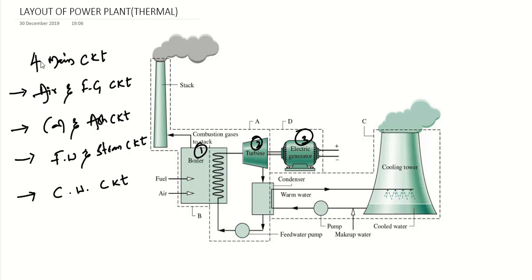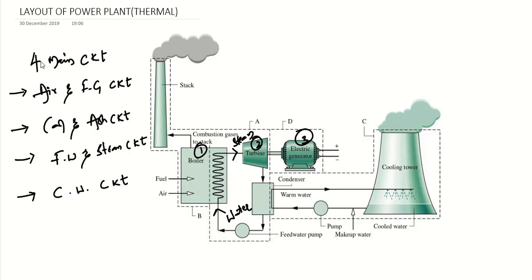Into the boiler, water is fed, and the water that we feed to the boiler is chemically treated water. Due to the combustion, this water absorbs heat from that combustion and generates steam.